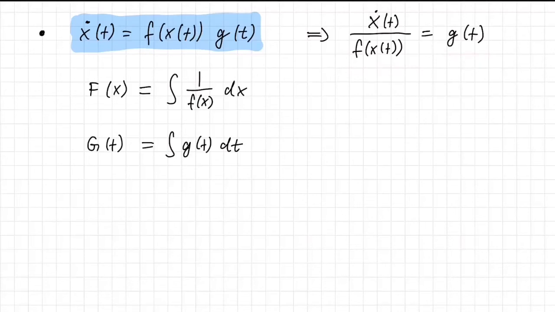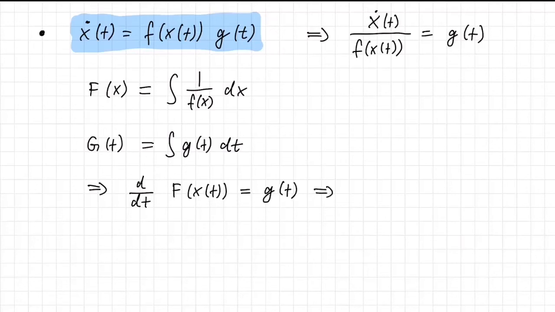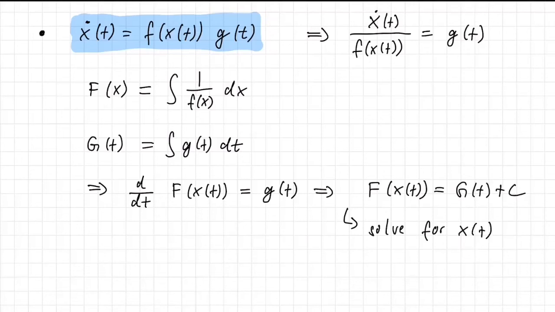And with that, using our previous results, we can simply rewrite this equation as d dt of F of x of t equals g of t, and thus we can solve this to give F of x of t equals capital G of t plus a constant. And as before, what we need to do is solve for x of t. So basically the only difference is now you need to solve 2 integrals instead of 1.